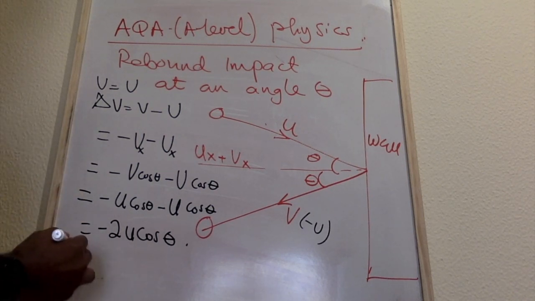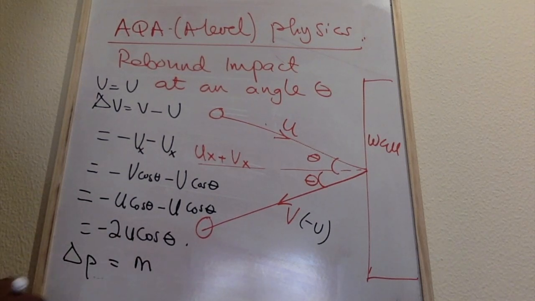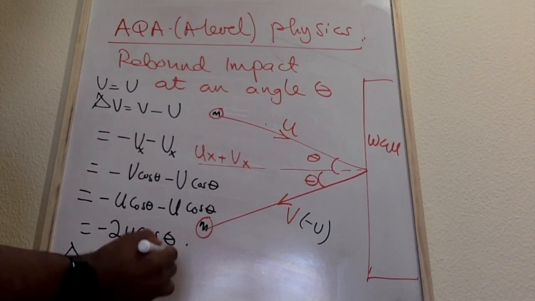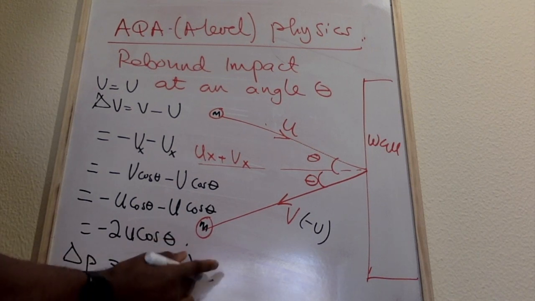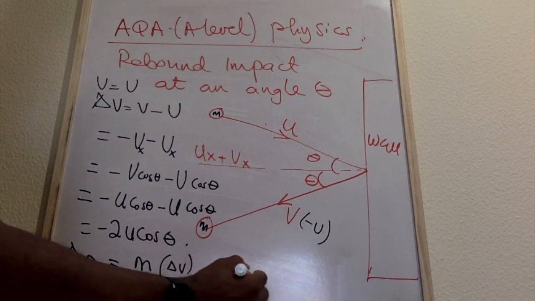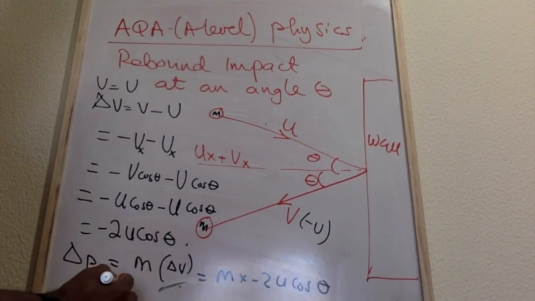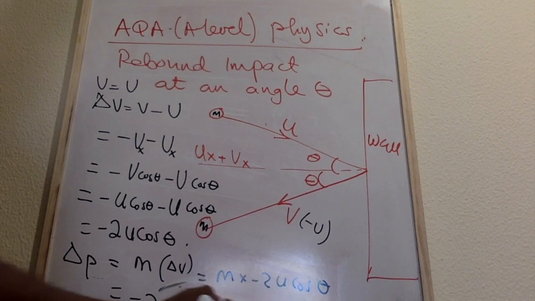What about the change in momentum? For the same mass of ball, velocity changing. Okay. So we then write this as whatever we've got here for delta v will be m times minus 2u cos theta, and we are left with minus 2m u cos of theta.